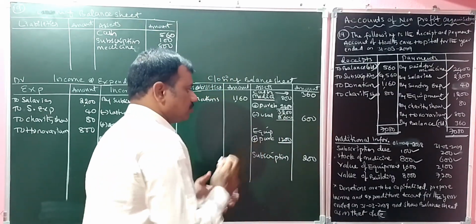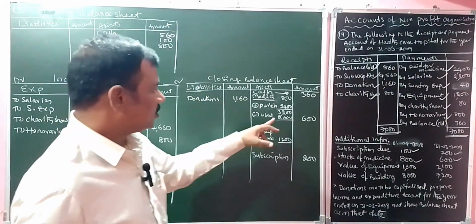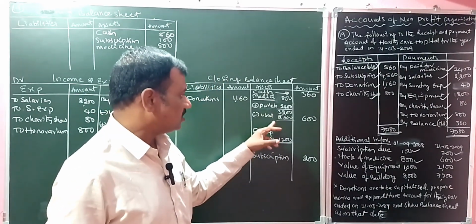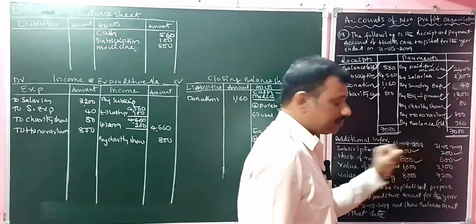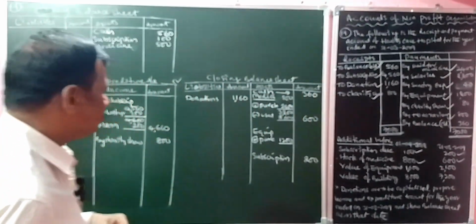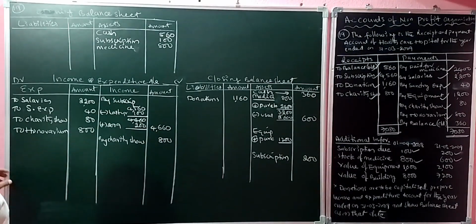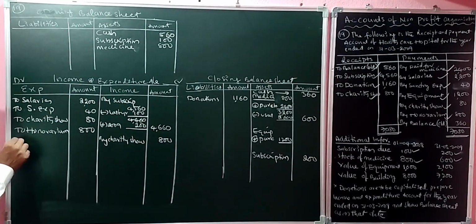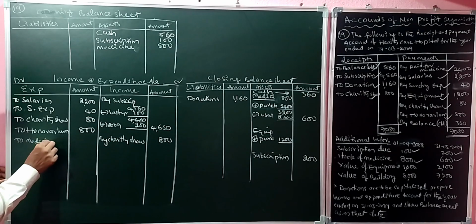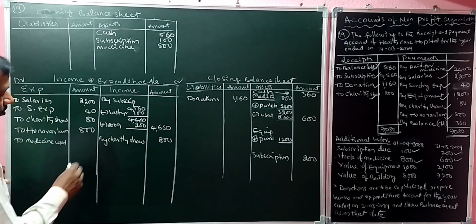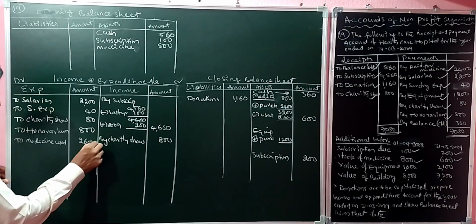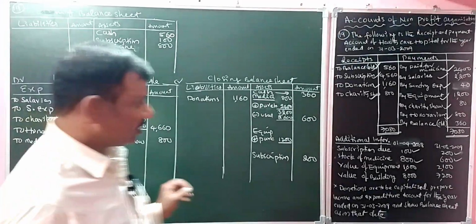So it is used value. First time deducted from medicine, outer column 600. Used value taken one more time, that is income and expenditure account debit side, medicine used, how much? 2600. Okay, right. So completed.